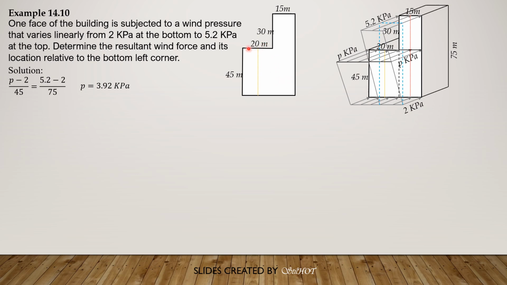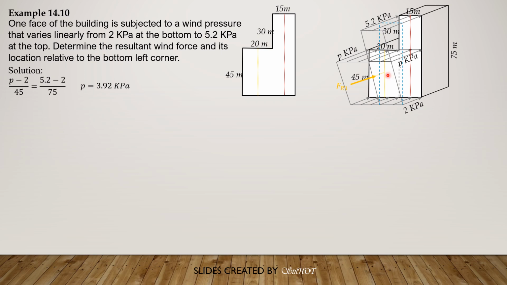And it is 10 meters from the left. The second one is 20 plus half of 15, 27.5 meters from the left. So for F rectangle 1, it is 2 kilopascals times area, and the area is 20 meters by 45 meters.